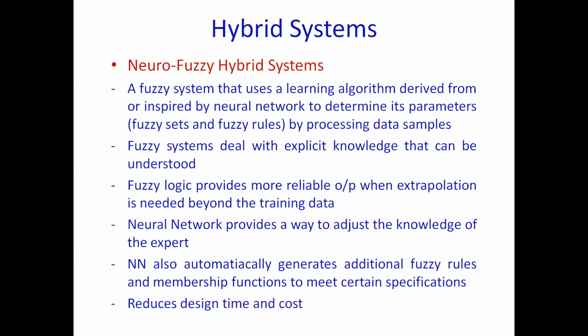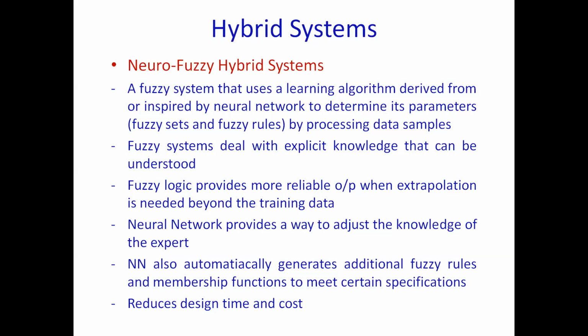This particular system uses a learning algorithm. That learning algorithm is derived from or inspired by neural network theory, and it aims to determine the parameters of a fuzzy system. So what could be the parameters of a fuzzy system? Those are fuzzy sets and, we know, fuzzy rules.